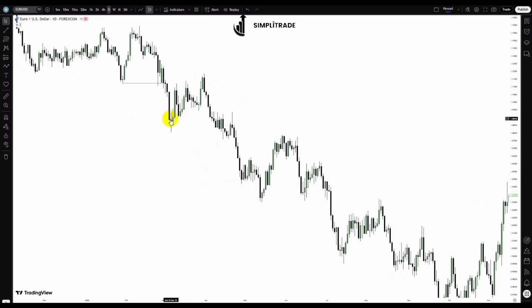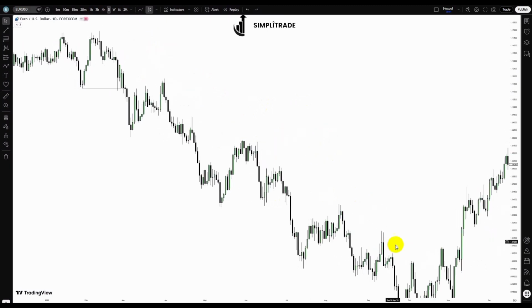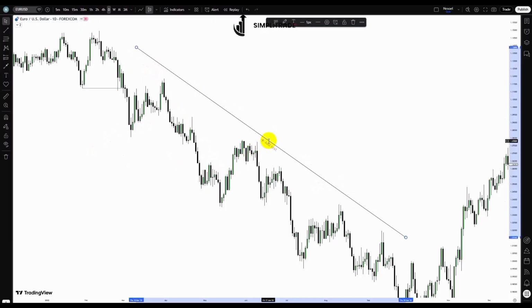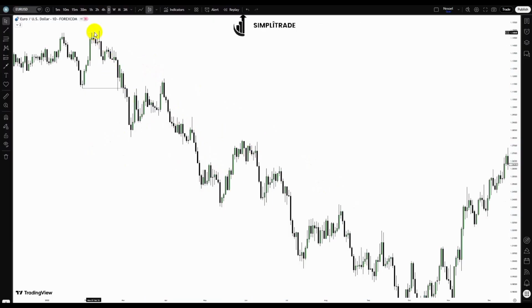So whatsoever goes against this direction is the pullback. You can see that our direction is what? It's to the downside. So whatsoever goes against the downward movement is the pullback. And then whatsoever aligns to the downward movement is the impulsive leg movement. So what we now have here is the impulse.